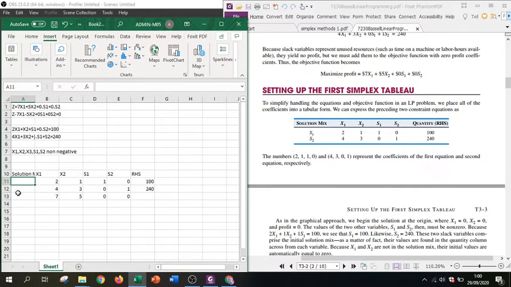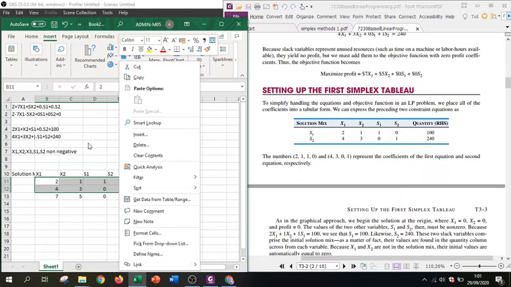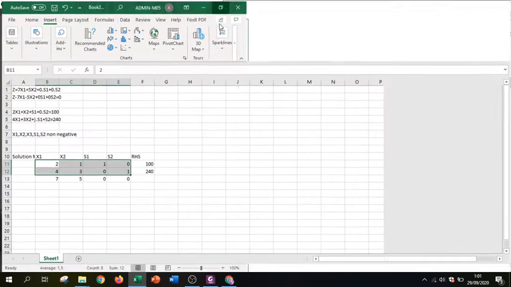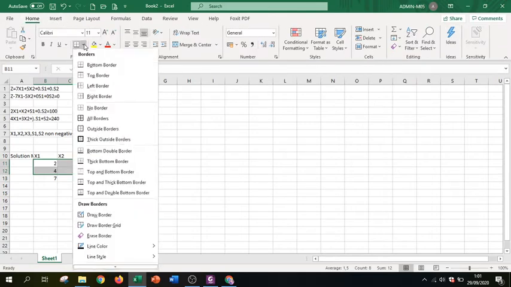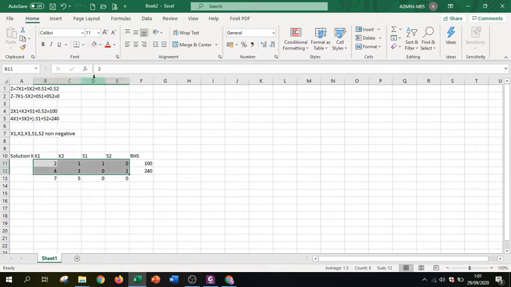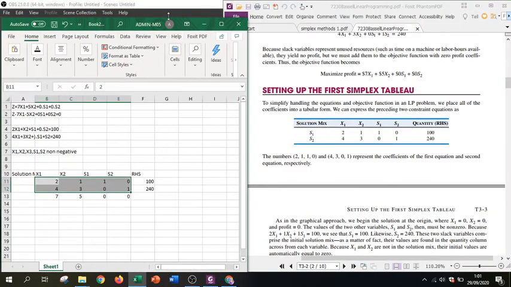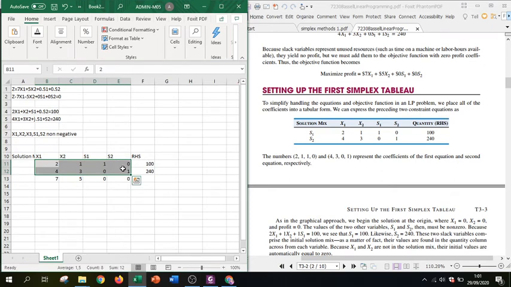And then this is the solution mix. We can find this from the variables that form the identity matrix.